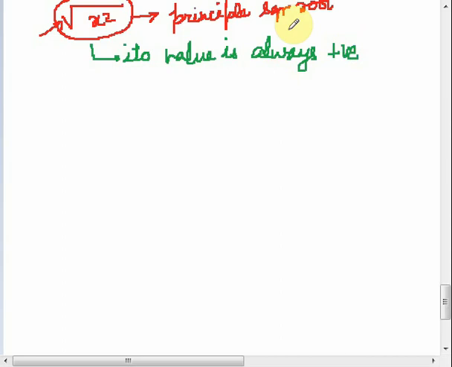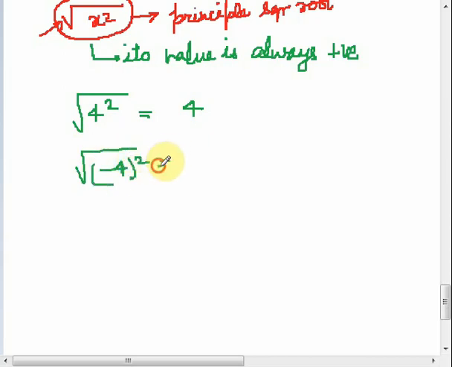Now suppose our function value is under root 4 square, right? So its value will be 4. However, if our radicand is minus 4, what will be its value? It will be minus 4?